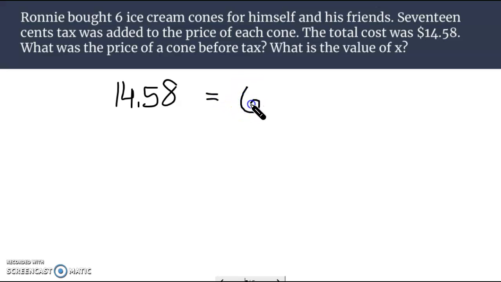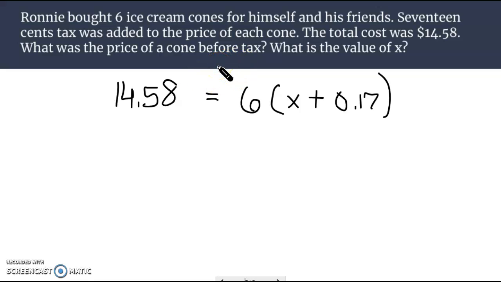There were 6 ice cream cones, and normally we would just say 6 times x, but the price of each cone, we'll call it x, there was 17 cents tax added, 0.17. Now we're going to solve this equation for x, and we'll also figure out the price of each cone before tax.